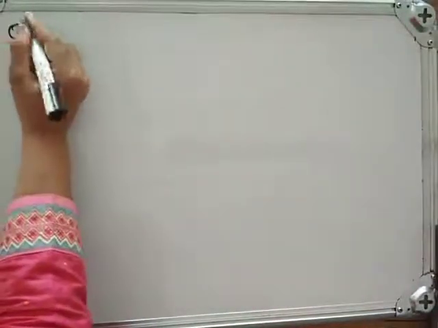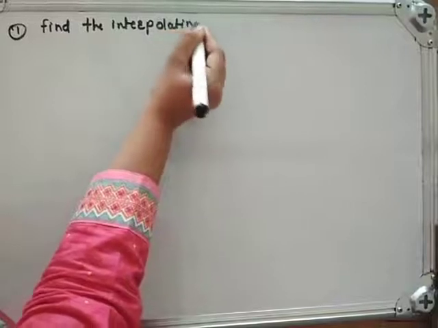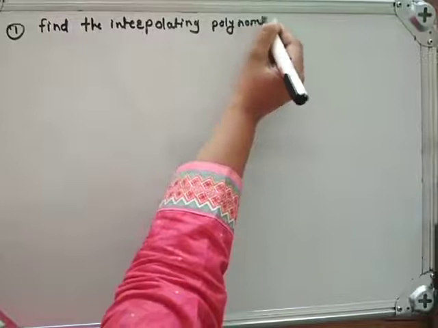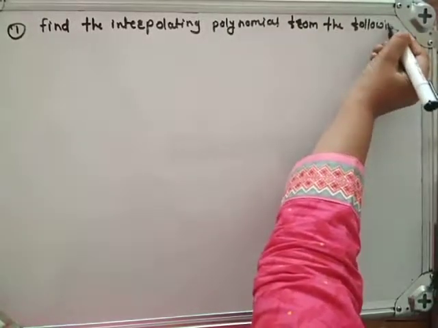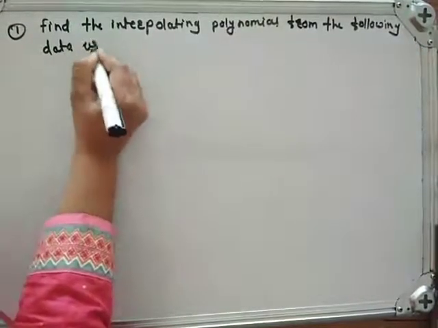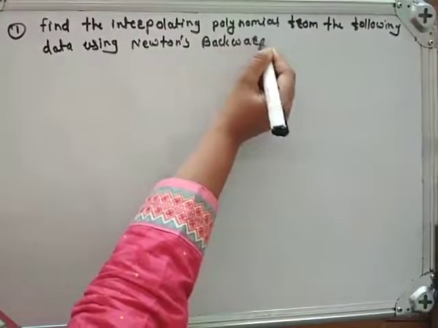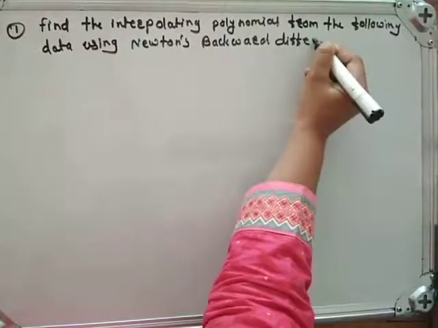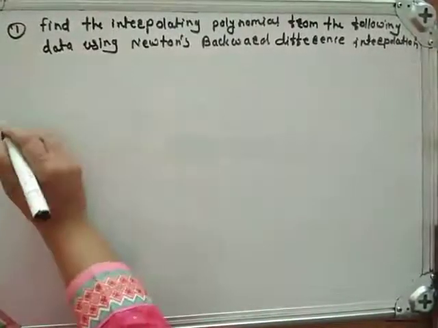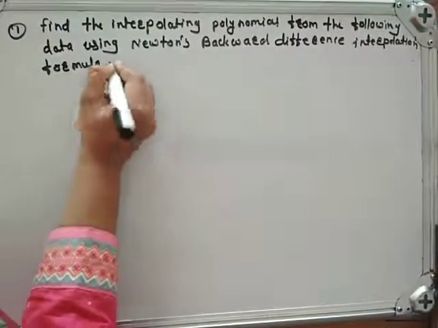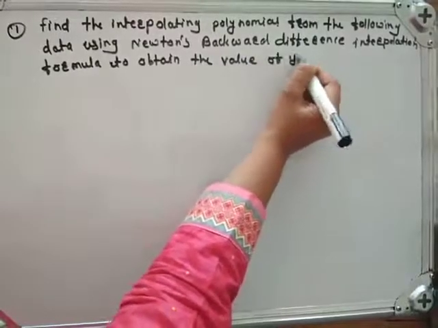Okay, let us take examples. Example number 1. Find the interpolating polynomial from the following data using Newton's backward difference interpolation formula to obtain the value of y(50).